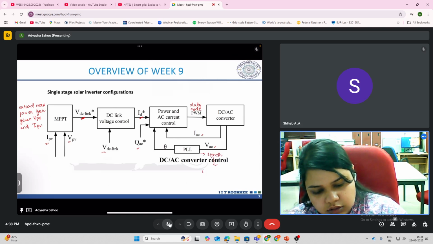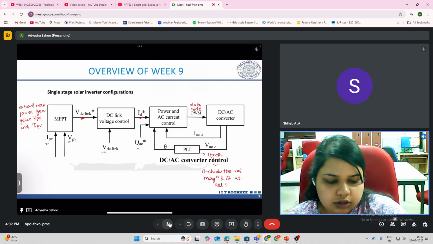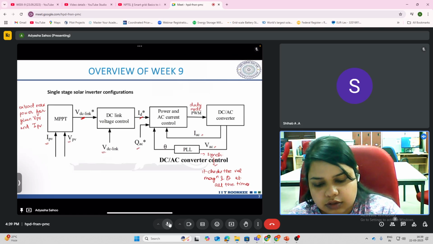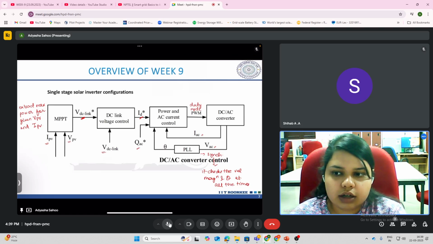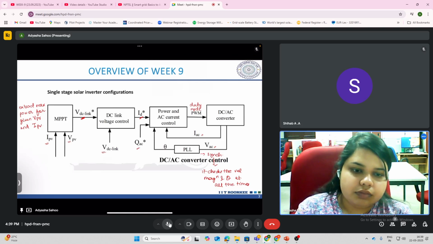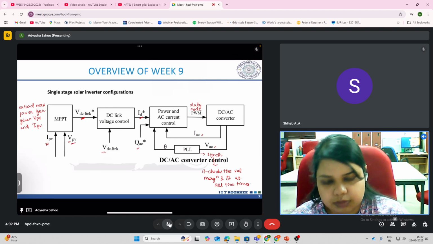So it checks the voltage magnitude and theta at all times so that the system is in synchronism. With this, we try to extract the maximum available power from the PV for a given operating scenario, this VPV and IPV.